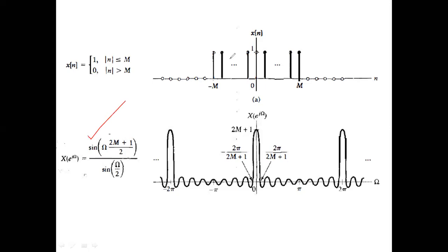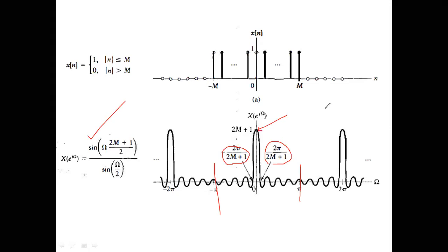So the shape of this particular signal is of interest. From minus pi to plus pi, and afterward the thing repeats. At omega equal to 0 you get a maximum peak of 2m plus 1. This is very difficult for us to predict, so I urge you all to remember this value. But you can see the shape of this is a kind of bell shape which goes on decreasing. It is like a sine wave only which goes on decreasing.